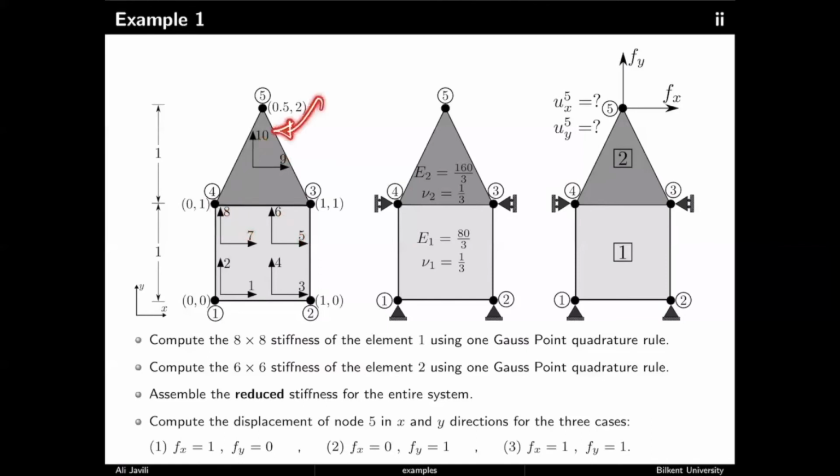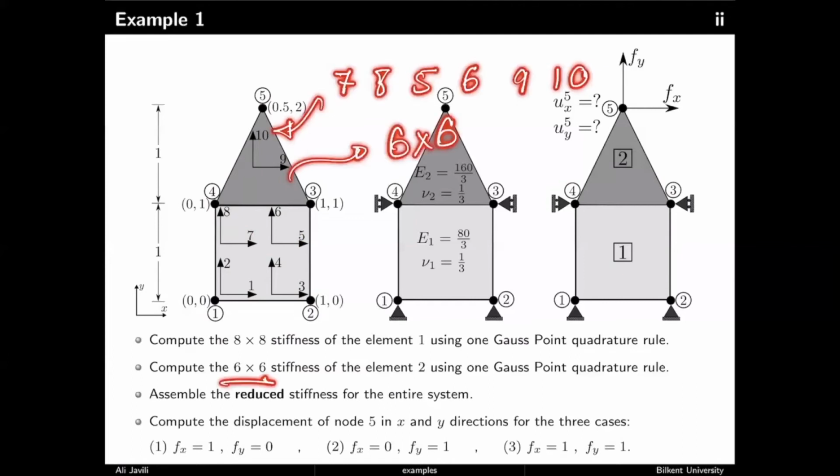So here, if you want to think of that order, this would be 7, 8, 5, 6, 9, 10, which is 6. So you know your stiffness for the triangle is going to be 6 by 6. And you are asked to calculate that, but we want that exactly using this ordering of the degrees. And you would calculate that using 1 Gauss point.